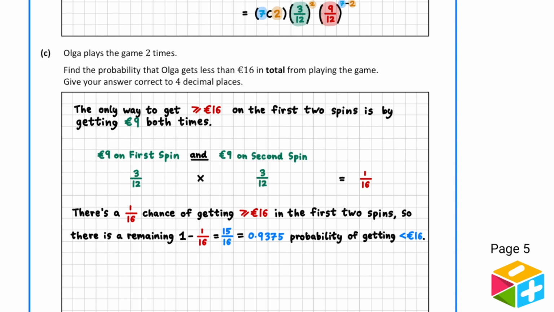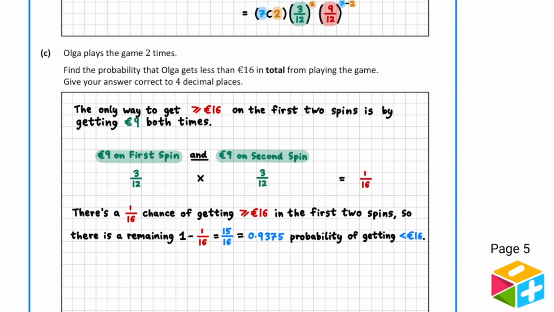On each individual spin, you'll either earn €9, €6 or €0. The only way that you could end up with more than €16 is if you got €9 both times. A 9 and a 6 would give you €15, which isn't enough. So, the only way to get at least €16 is to get €9 on the first spin and €9 on the second spin.